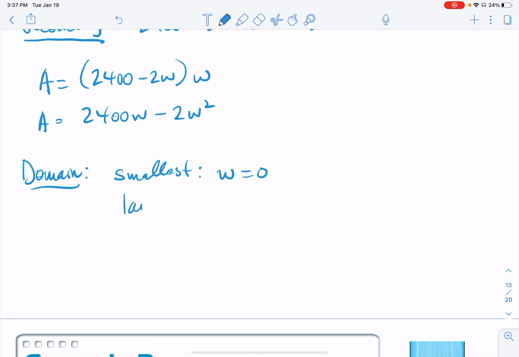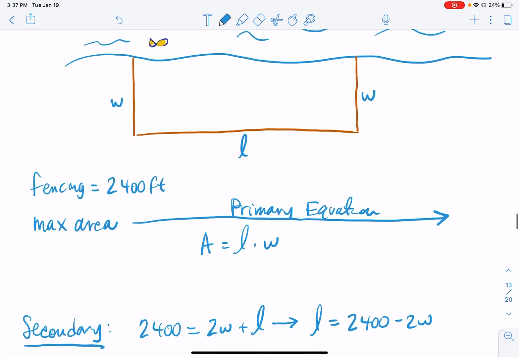And then the largest. The largest is going to come from using the entire bit of fence for the W's. So all 2,400 is going to be for 2 of those W's. If I had used L instead, then all 2,400 would be used for L. But here we've got 2 W's.